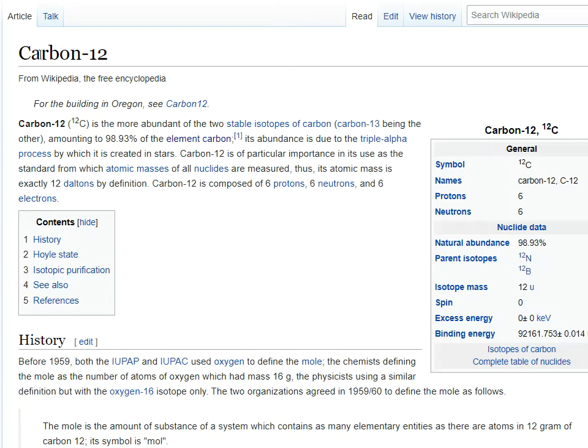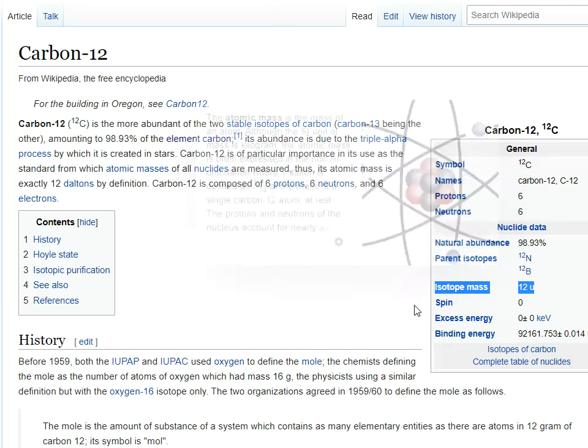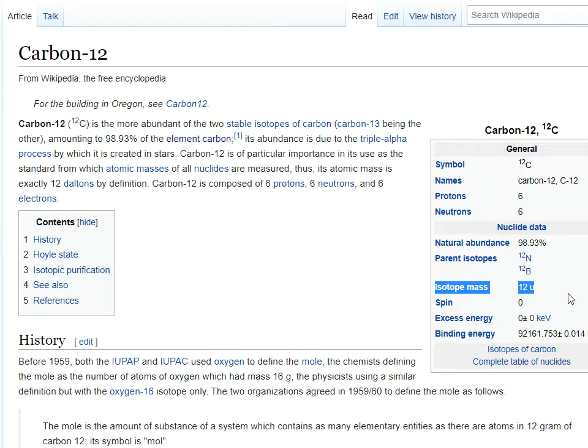Looking up carbon-12 specifically, you can see down here isotope mass 12 U. It would be the same if you said 12.00000 U, because this carbon-12 is actually the definition of U.